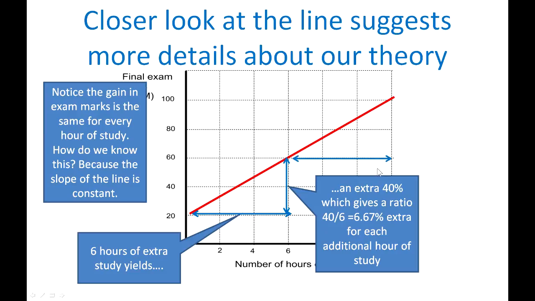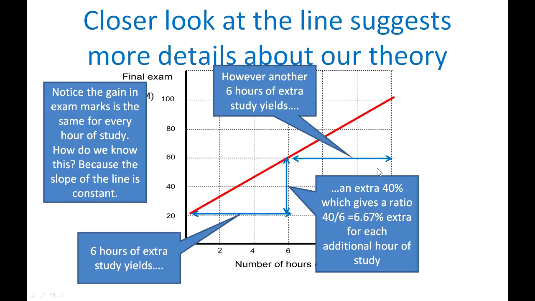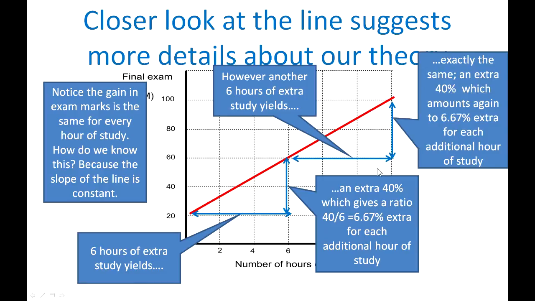On the other hand, another 6 hours yields exactly the same amount, an extra 40%. So the ratio, the slope, because it's constant, gives us this idea of exactly the same gain. That much extra work gives us that many extra marks.